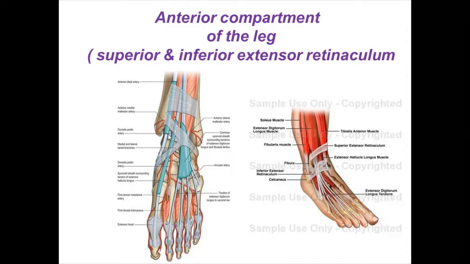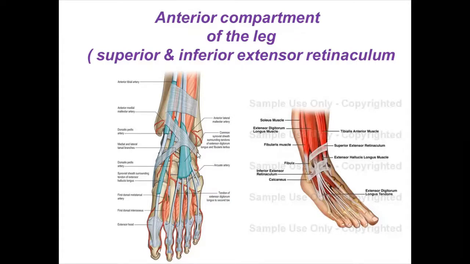The inferior extensor retinaculum is a Y-shaped band. The stem of the Y lies laterally, and the upper end goes upward and the lower end goes downwards. The stem lies laterally and is attached to the lateral margin of the calcaneus in front of the ankle joint.